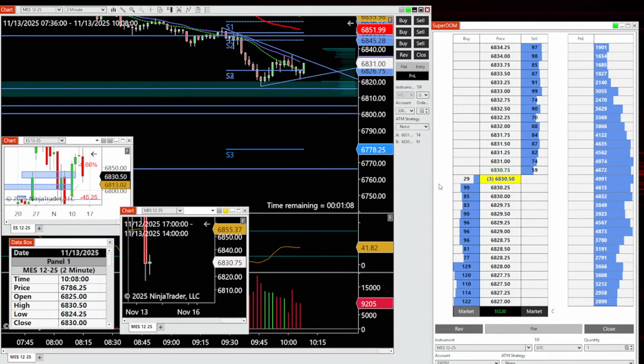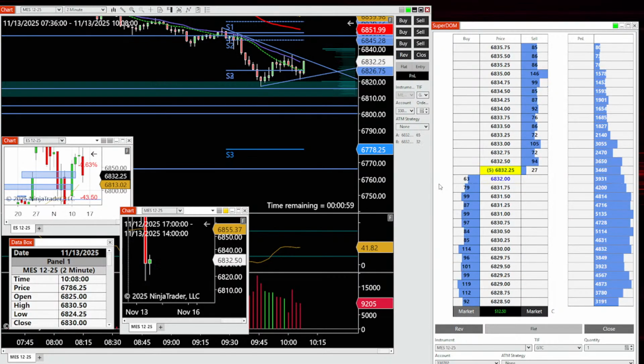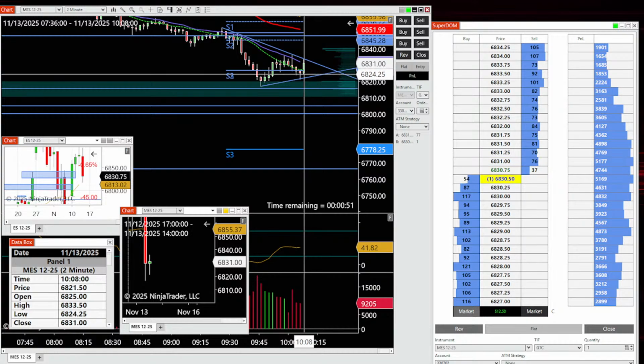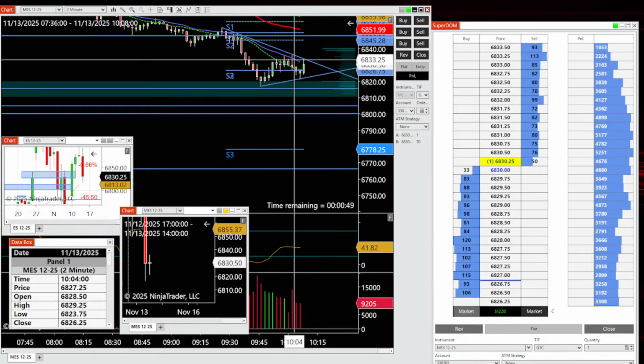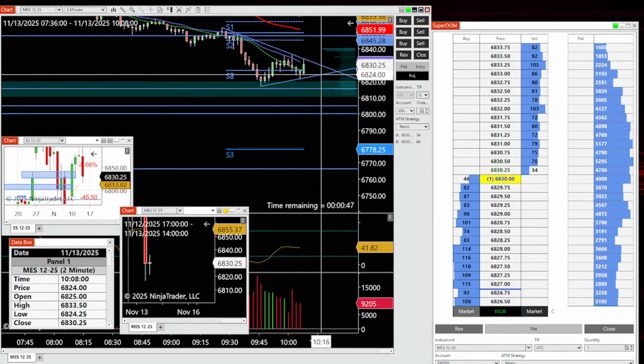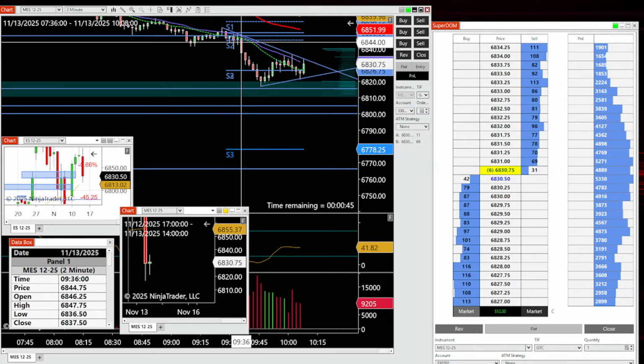The 15-minute chart is not really giving any direction. I like the rollover, but not like this with the pops. Like the clean rollovers.